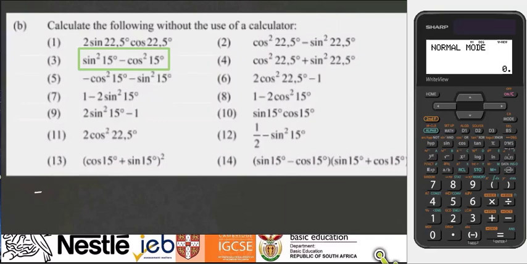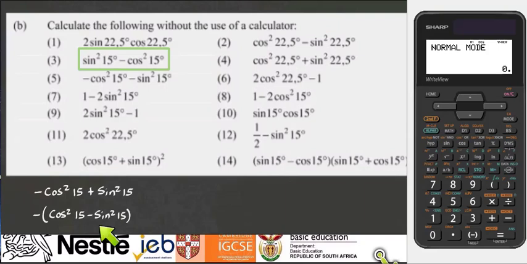I'm going to write it as negative cos squared of 15 and then plus sine squared of 15. But you know the double angle, the minus, it's in the middle. So take out negative as common factor. Then you now have cos squared of 15 minus sine squared of 15.